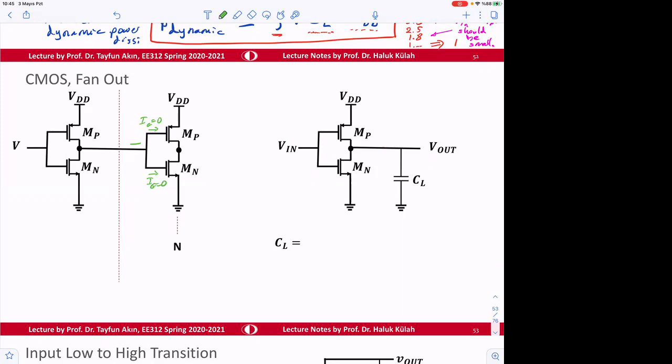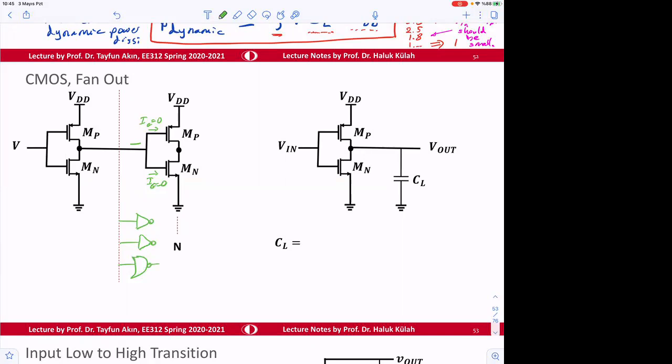The device will be limited, the operation speed. It will limit the fan out, actually. Of course, if you connect more than one inverter here, or maybe NOR gates or whatever, it will be loading.